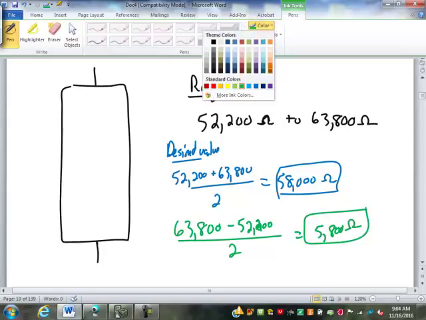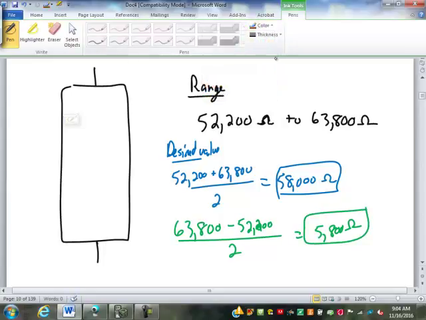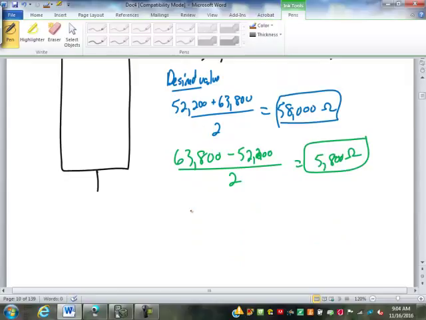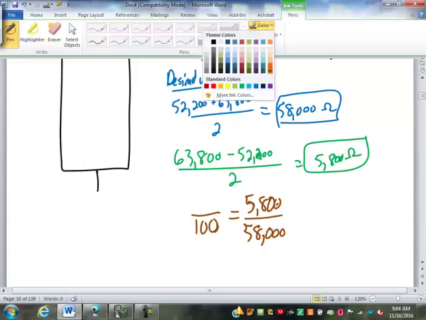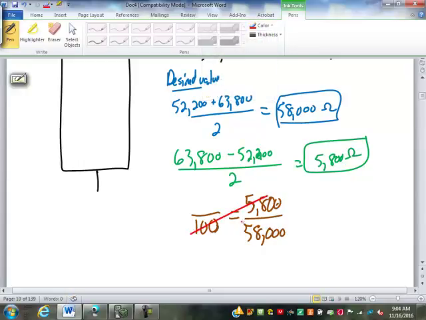What's that? Good. To find then the relative allowance, the percent, you can probably find it without having to set it up, but we'll set up the proportion here. 5,800 over 58,000. Cross, multiply, and divide, you get 10%.